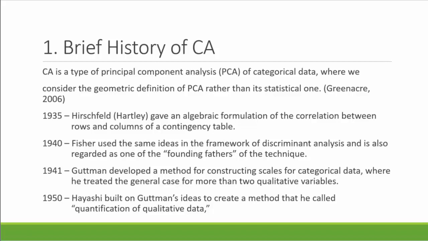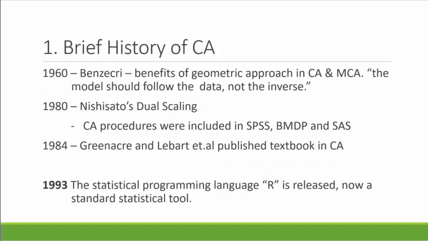This was taken from the book of Greenacre, followed by Gottman in 1942, Hayashi in 1950, Benzécri in 1960, Nishisato's dual scaling in 1980, and Greenacre published his book in 1984. The statistical programming language R was released in 1993, and Husson's FactoMineR was published in 2014.